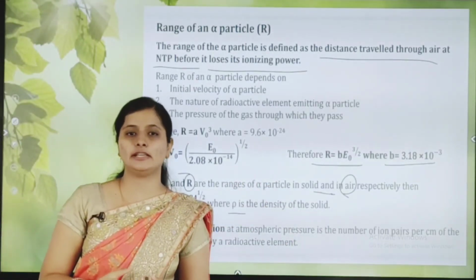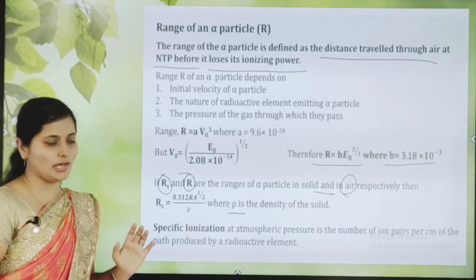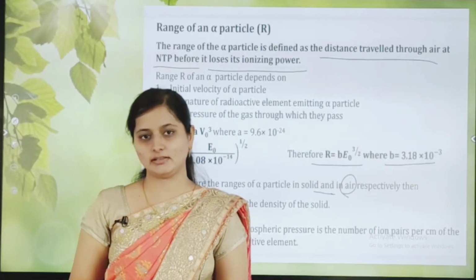If we take the range of an alpha particle in a solid material, we can write this formula, and rho is the density of the solid material.